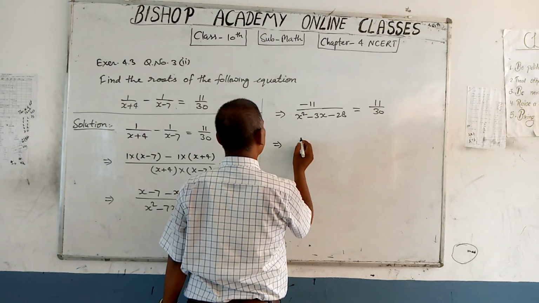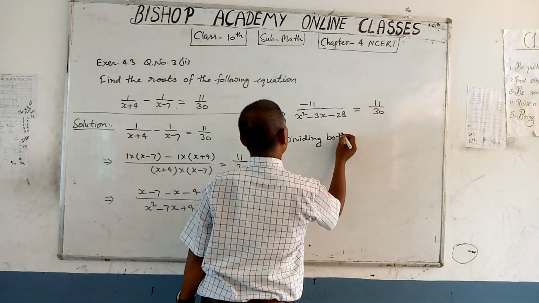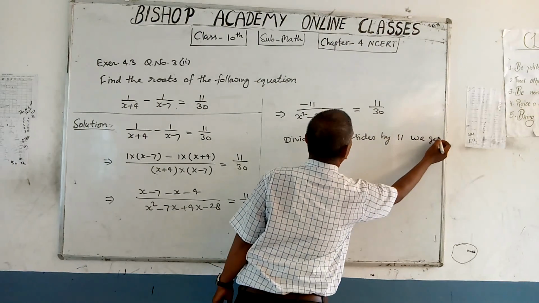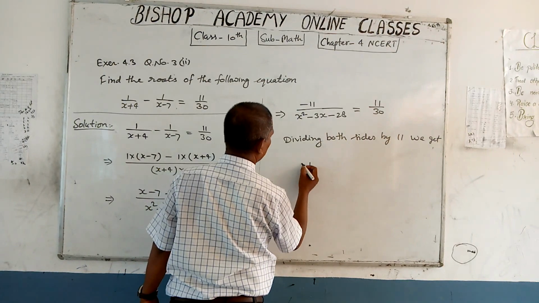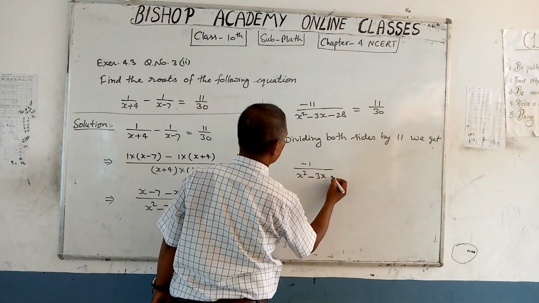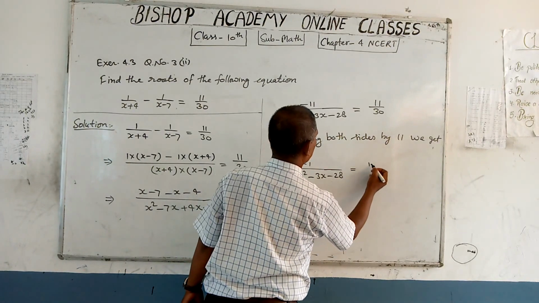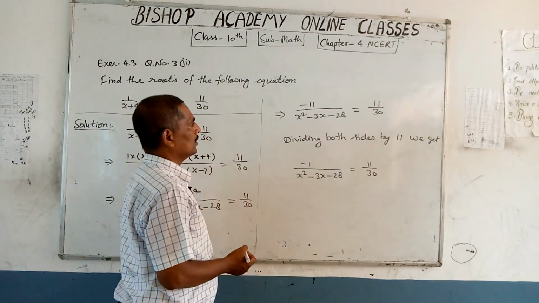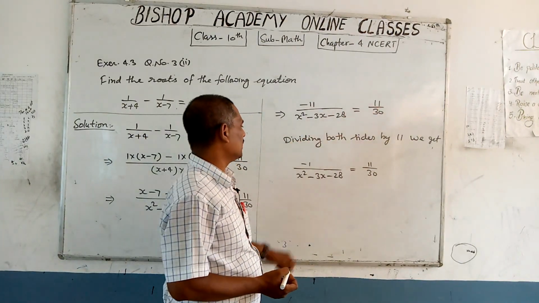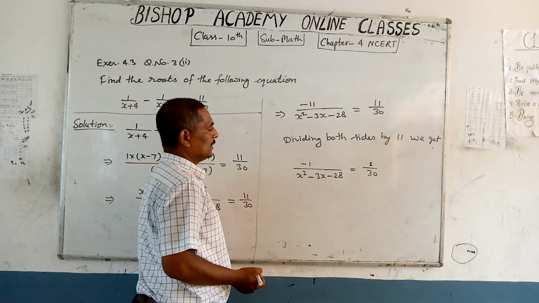So you can write here dividing both sides by 11, we get 1 minus 1 upon x square minus 3x minus 28 is equal to 11 upon 30. Dear student, you divided both sides by 11 because 11 is common factor on both sides. So 11 cancelled. Here you write 1 upon 30.